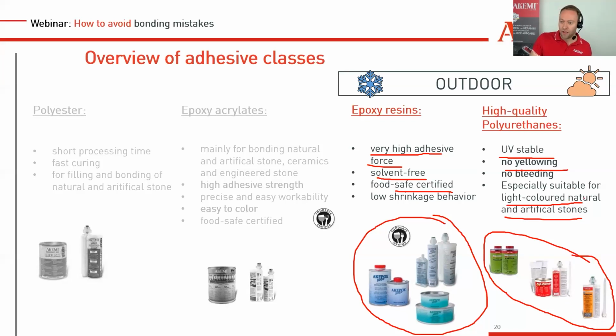When it comes to marble, the Everclear has another advantage. It has no bleeding. So sometimes you can see in very, let's say, crystalline absorptive marbles that when you bond them together, doesn't matter if it's like a polyester or epoxy acrylate, sometimes you see left and right of the bonding joint like a small dark line. So this we call bleeding.